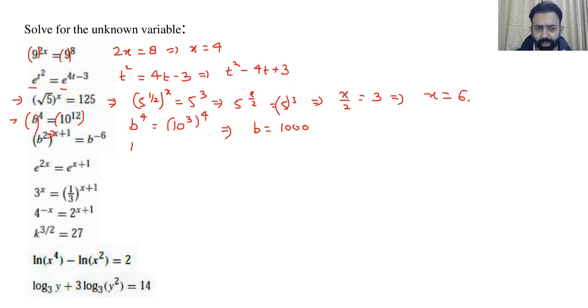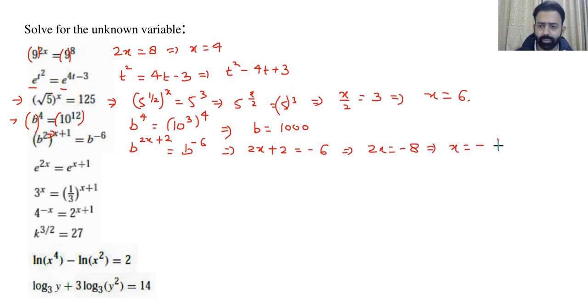So the left hand side will become b raised to power 2x plus 2, by multiplying this 2 with x plus 1. This is equal to b raised to power minus 6. This will give me 2x plus 2 is equal to minus 6, right? So this will give me 2x is equal to minus 8, that is x is equal to minus 4, right? Yes, absolutely.